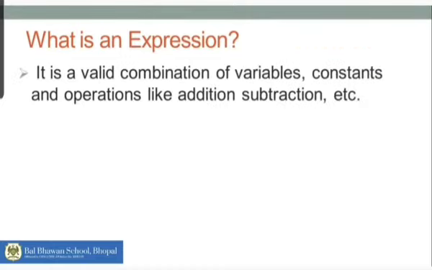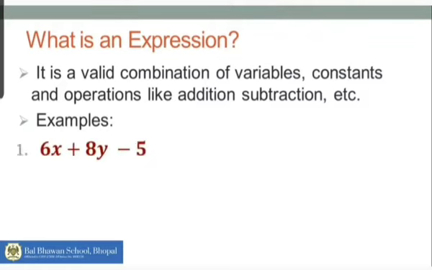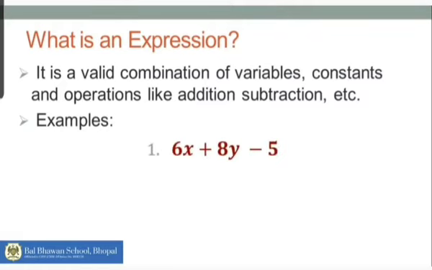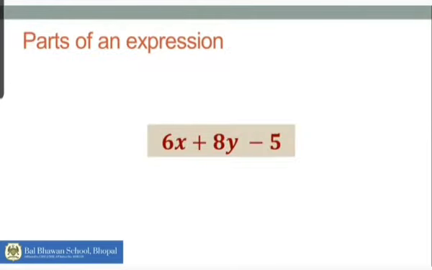Moving forward to talk about an expression, it is a valid combination of variables, constants, and operations like addition and subtraction. When all these combinations are written together, we get an expression. For example, 3x + 8y - 5, 8y/5 - 7a. All these are expressions which hold variables like x, y, z, numbers, and operations.